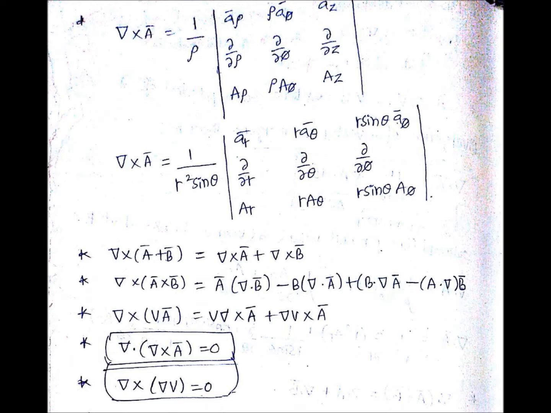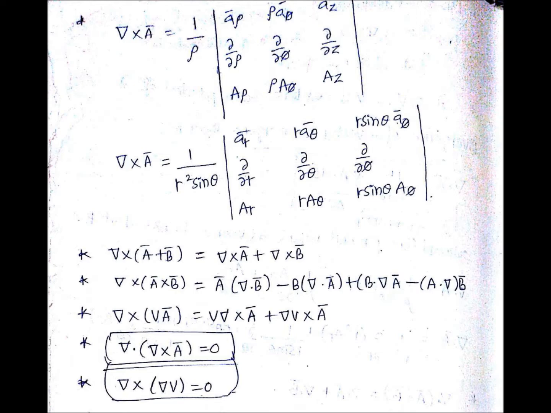So you just go through that, and these are the properties similar to the properties that I have shown for gradient and divergence. I have shown for this curl also, so you can easily go through them. And the important formulas I have written in rectangular boxes, that is divergence of curl of a bar is 0, it is very important.